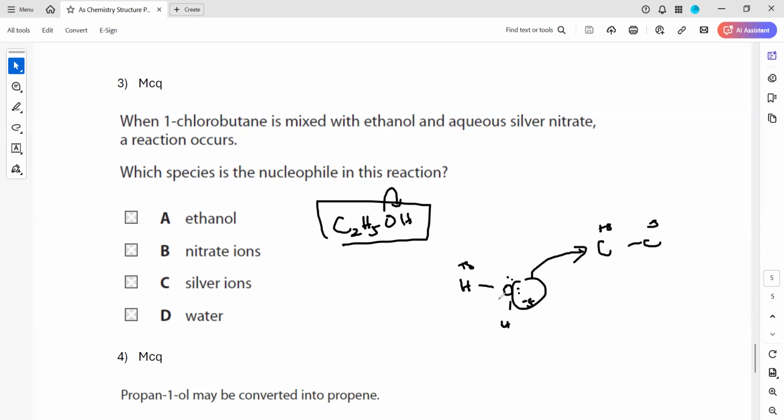Even though the ethanol contains OH, that OH is not breaking the bond. The OH of the water is breaking the bond and turns into alcohol. That's why the nucleophile is water rather than alcohol.